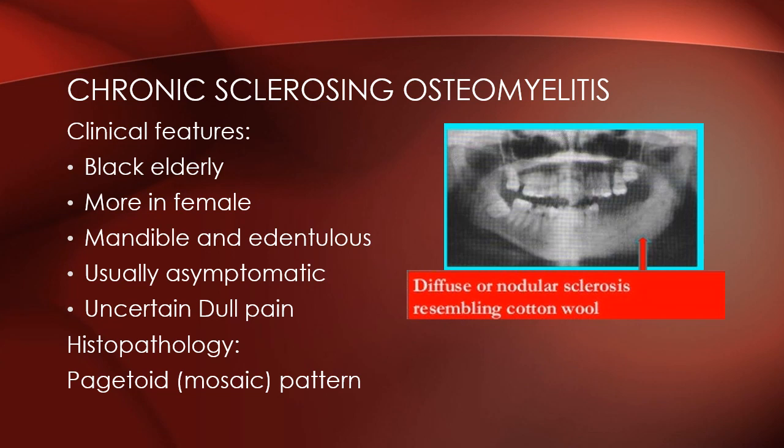Clinical features: it occurs in black elderly, more in females, in the mandible and edentulous areas, with uncertain dull pain, and this type is usually asymptomatic. On the radiograph it appears as a pagetoid or mosaic pattern, resembling the shape of cotton wool.